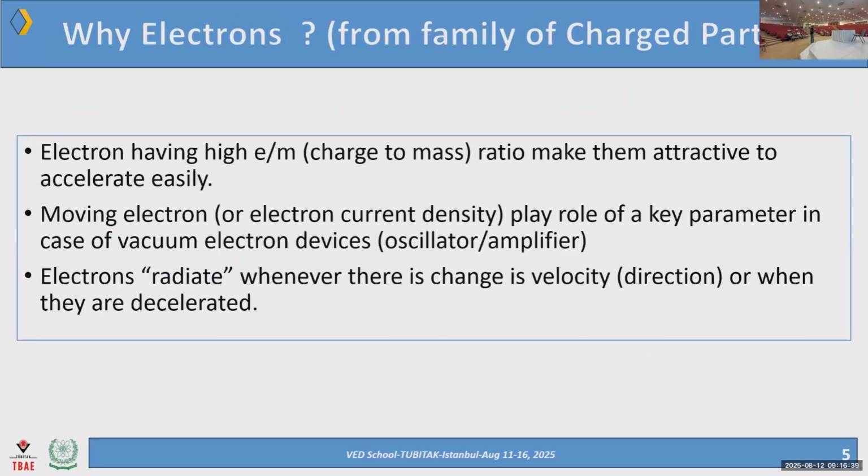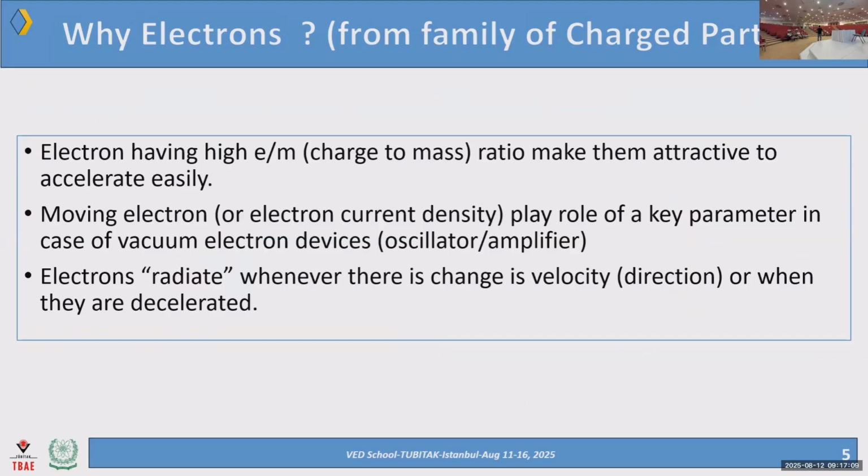Okay. Why do we choose electrons for our purpose? We know that electrons have a very high charge to mass ratio, and when they are accelerated and put to retarding force, or if the course is changed, the velocity vector is changed, they actually radiate, and it's easy to have radiation from electrons.